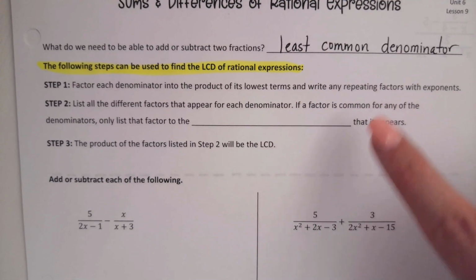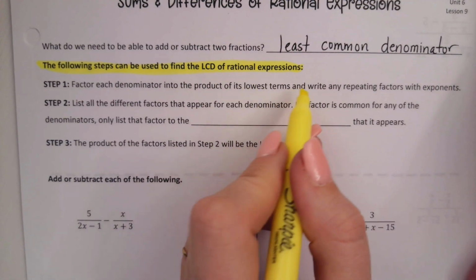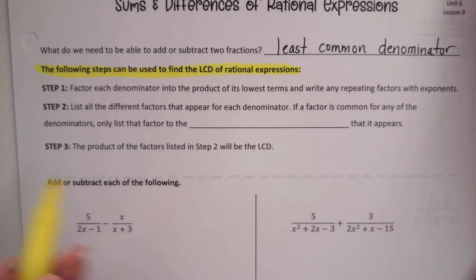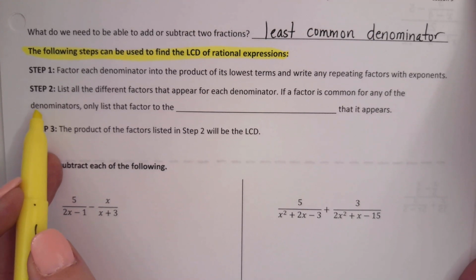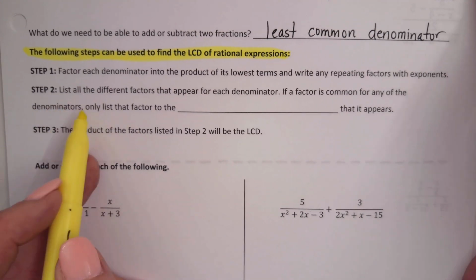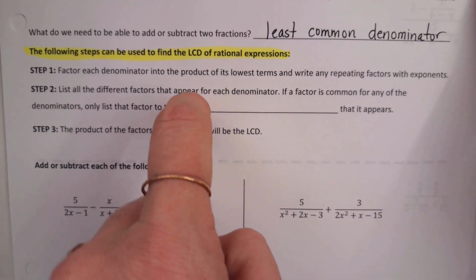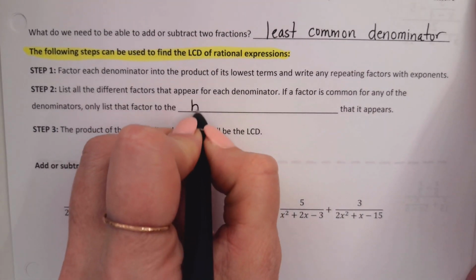If you have any repeating factors, like an x minus 2 and an x minus 2, that would be an x minus 2 squared. So any repeating factors, you'll write those with exponents. If a factor is common for any of the denominators, meaning it shows up in more than one denominator, you only have to list that factor to the highest degree that it appears, which is the highest exponent that it appears.